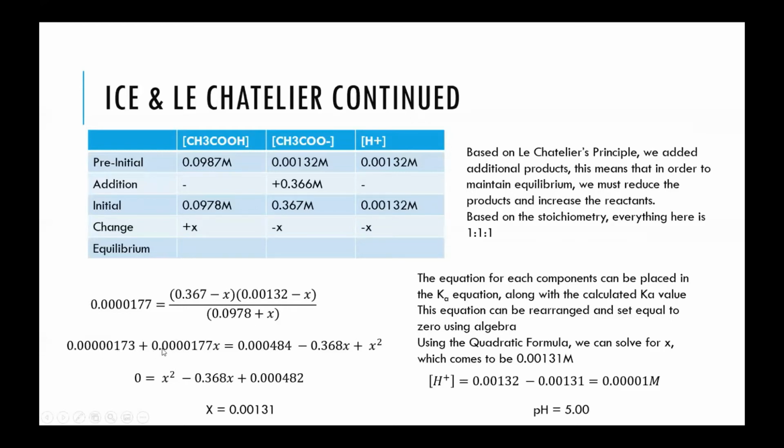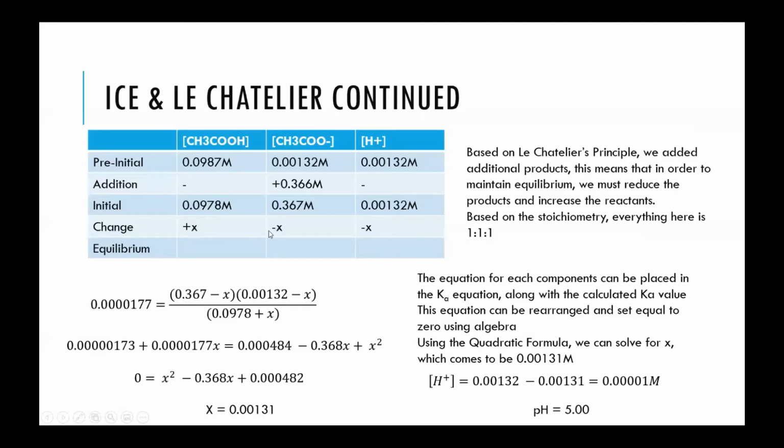And that gives you this value. And you're then dividing that by 0.0987 plus x. And this gives an x value here of 0.00131.